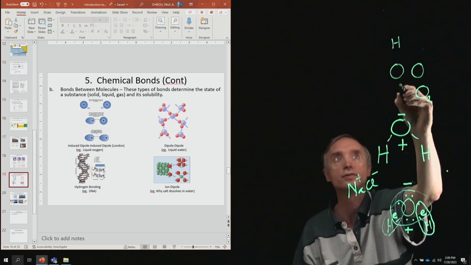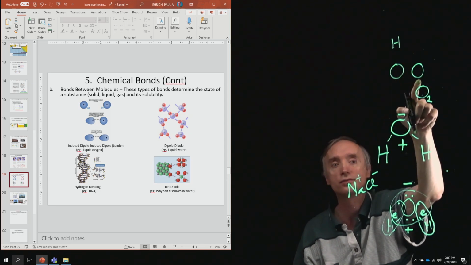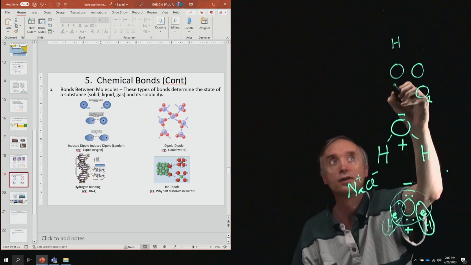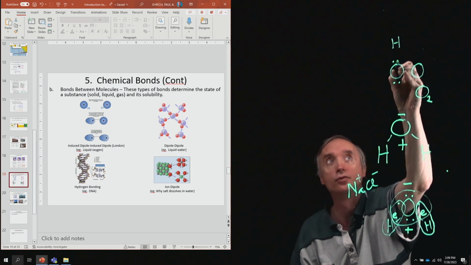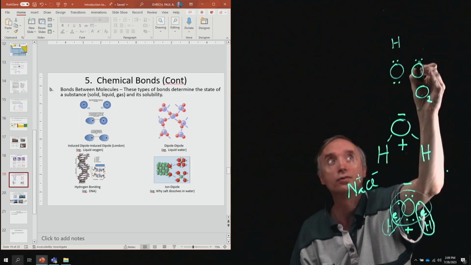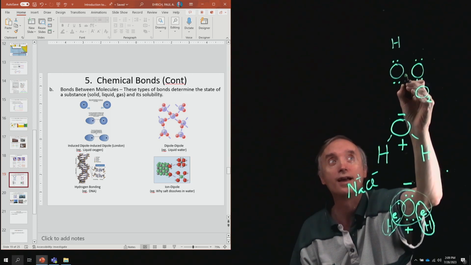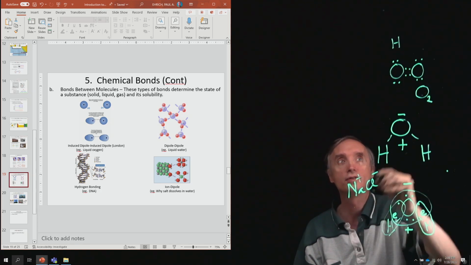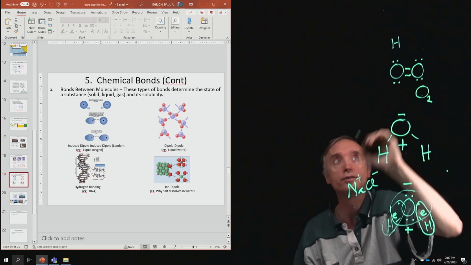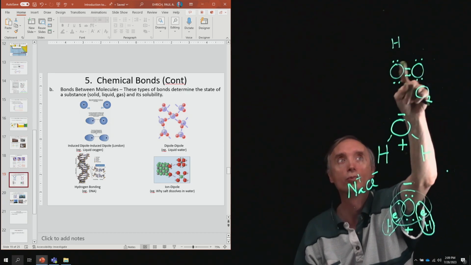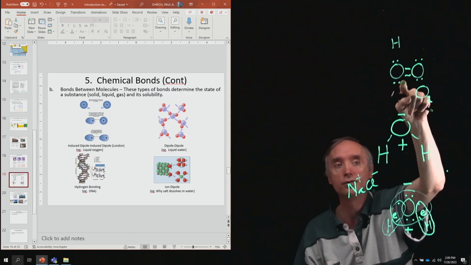And so what happens is each oxygen is going to have 6. So it's going to have 1, 2, 3, 4, 1, 2, 3, 4, and then 5 and 6, 5 and 6. So this is called a double bond. So you got a bond there and a bond right there. So here's your oxygen molecule.